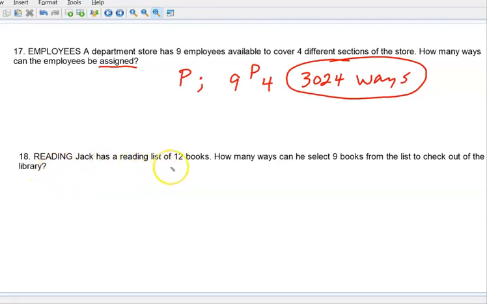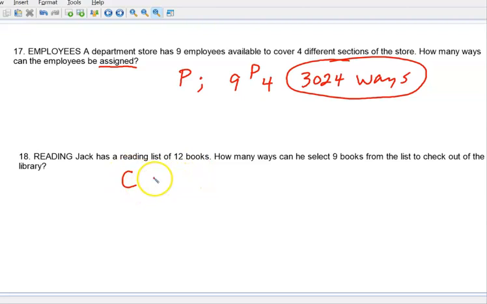Number 18. Jack has a reading list of 12 books. How many ways can he select 9 books from the list to check out of the library? We're not told anything that these books have to be chosen or selected in any particular order. It's just how many 9-book selections can be made out of a total of 12. Order is irrelevant.